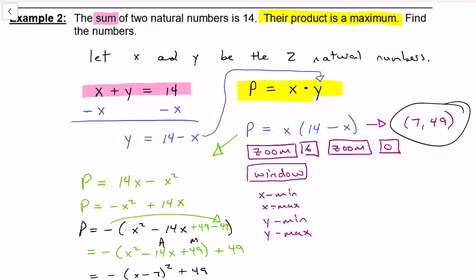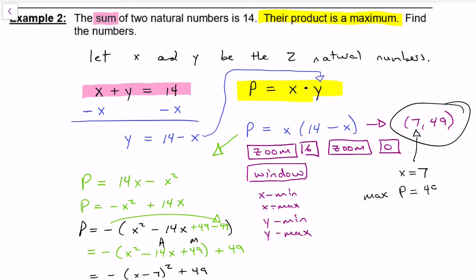So now we just need to read it. Because our equation was P equals x times 14 minus x, 7 is the x value when we get the maximum. 49 is the maximum product, because it's a P instead of a y.